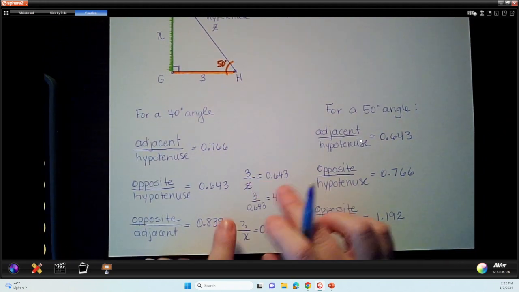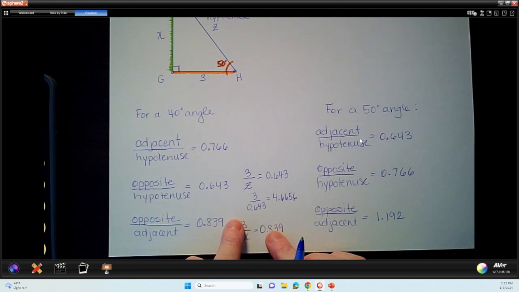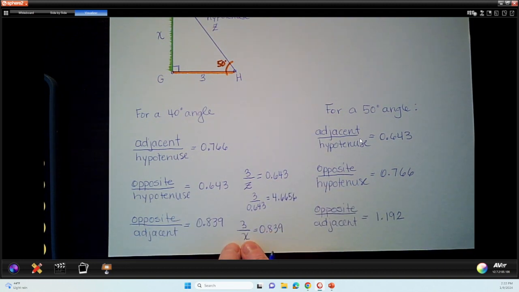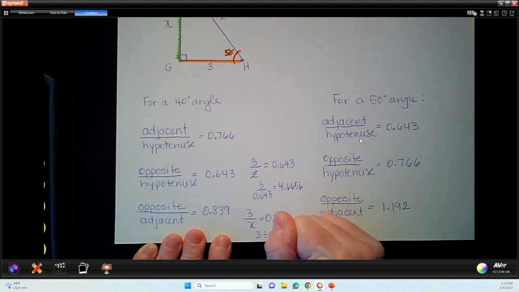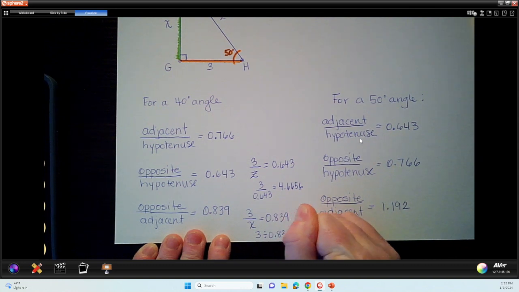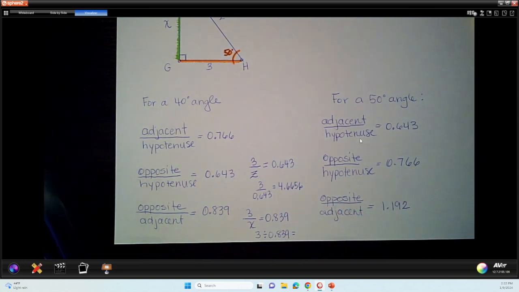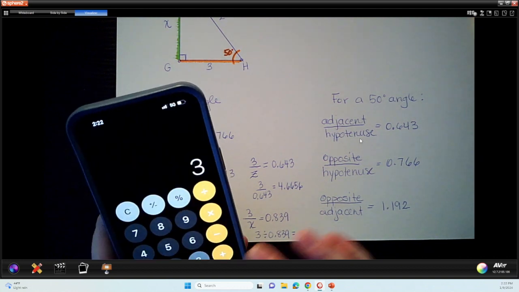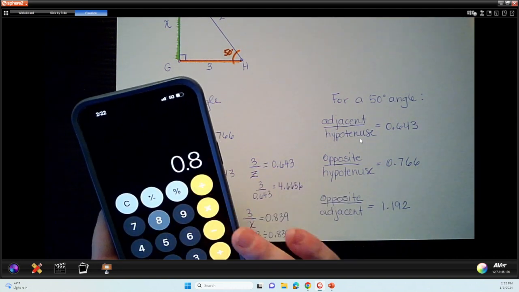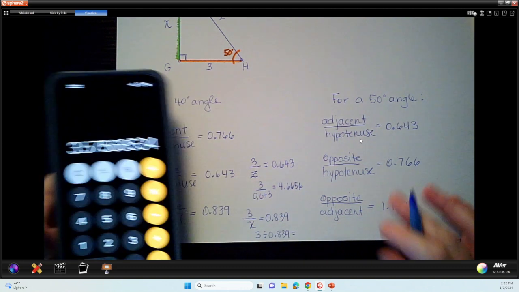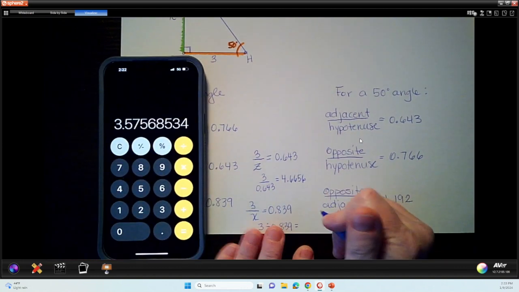Just like this equation, I need to divide these two because I'm missing my denominator. So 3 divided by 0.839. Let's see what that gives us. Okay, 3 divided by 0.839. Okay, I got 3.57568.